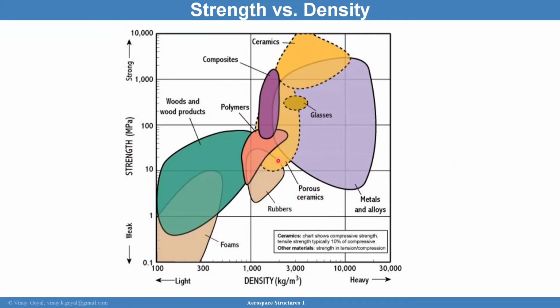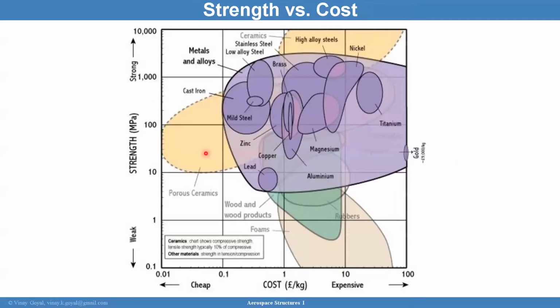And then you have metal alloys. Metal alloys are very heavy and can give you similar strength performance. Bottom line here, composites do a good job of giving you what you need. Going to wood products and foam, very low density, reasonable strength, but with the environments we see in aerospace applications, they might not be the best because of the moisture issues.